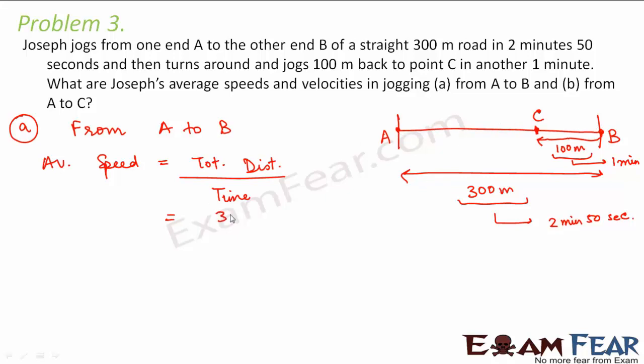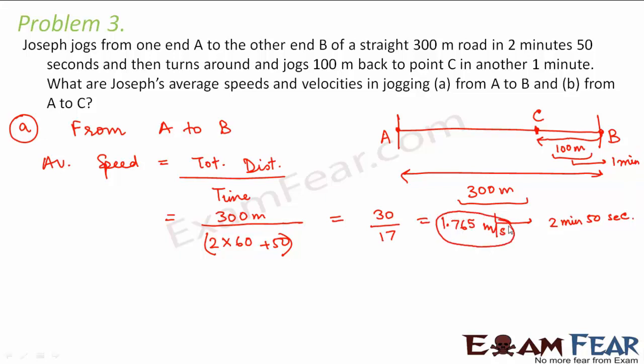It is 300 meters. And what is the total time taken? Time taken to cover this 300 meters is 2 minutes 50 seconds. So 2 minutes 50 seconds is 2 into 60 plus 50. So we converted it into seconds. So this comes out to be 30 by 17, which is equal to 1.765 meter per second. So this is the average speed.